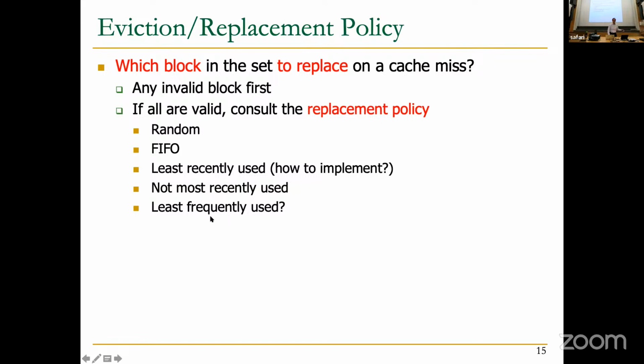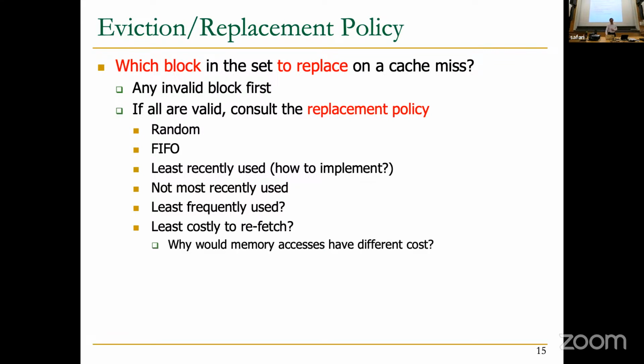And then there's the least frequently used. So do you keep track of frequency in the cache? That's another question, right? These are relatively simple still. Then if you actually incorporate some other metrics into your decision, like cost, what is the cost of a cache miss?